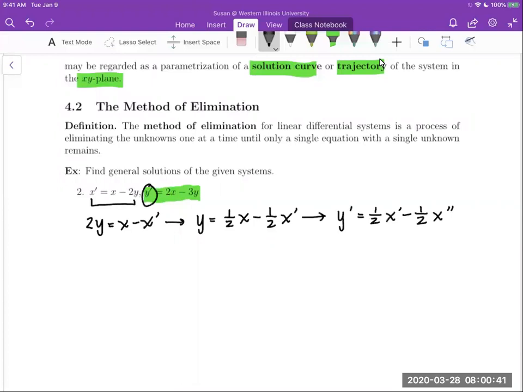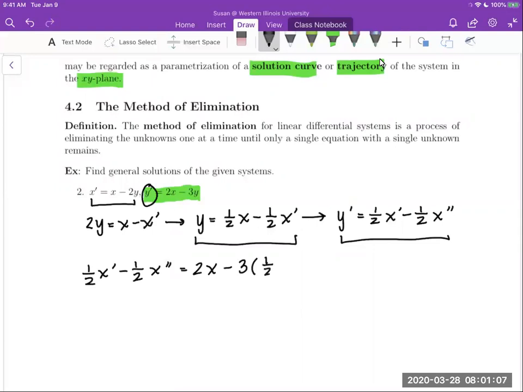All right, so now I'm going to take the two expressions for y and y prime and plug them into that highlighted green equation. So on the left, I have 1/2 x prime minus 1/2 x double prime equals 2x minus, and let's go ahead and stick that 3 in there, 2x minus 3 times 1/2 x minus 1/2 x prime.